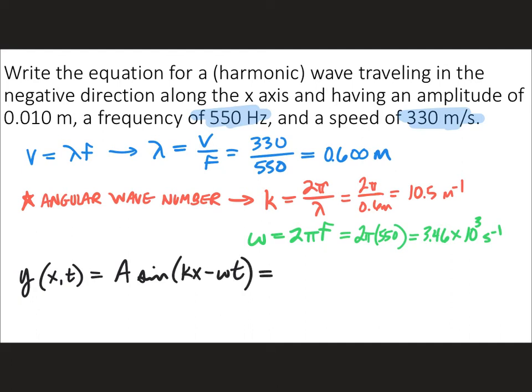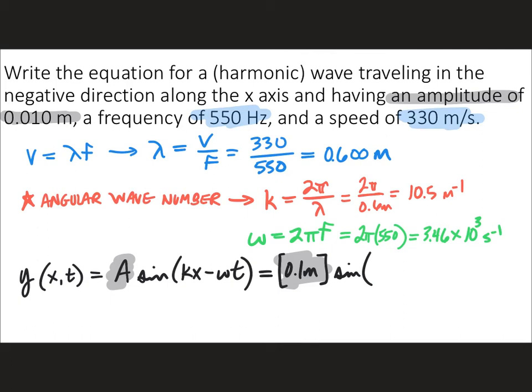And that means, all right, amplitude, right here, an amplitude of 0.1 meters. So 0.1 meters will be my amplitude, A. And then we're going to have the sine of what?